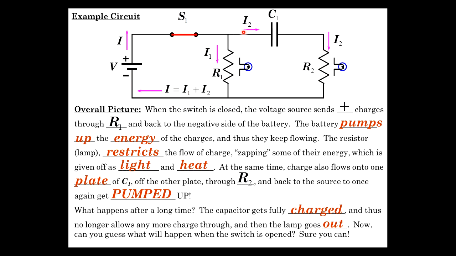The capacitor has to push charge through both of these as one path. So it has a harder time doing that. So these lamps will immediately, when we open the switch, relight, but dimmer, and then both of them will go out completely as the capacitor discharges itself.